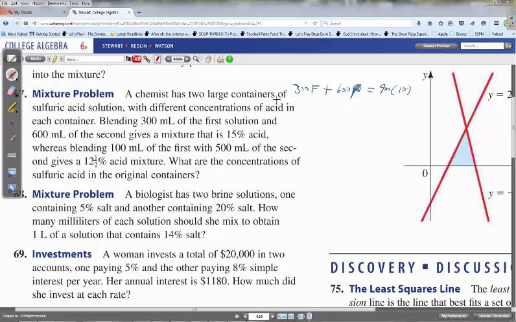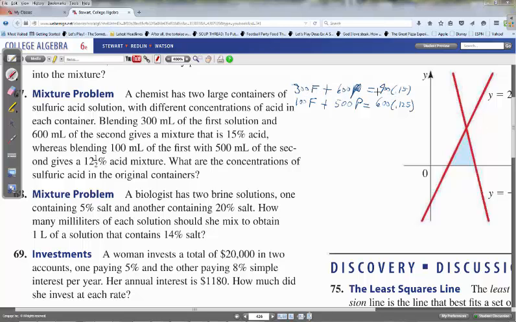And similarly, the other one says blending 100 milliliters of the first, so 100 of the first, plus 500 of the second, equals, well, you'd have 600 milliliters of 12.5, so 0.125. Now I've got a system of equations in two variables that you could solve to get your answer.